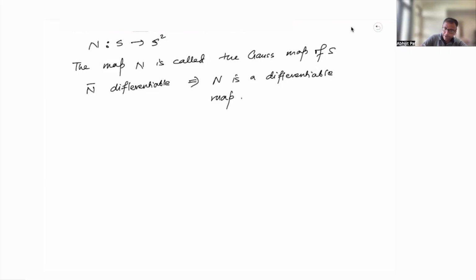Now, if I take the differential of this N, dN_P, it is a map from the tangent space of S to the tangent space of S2 at N_P.